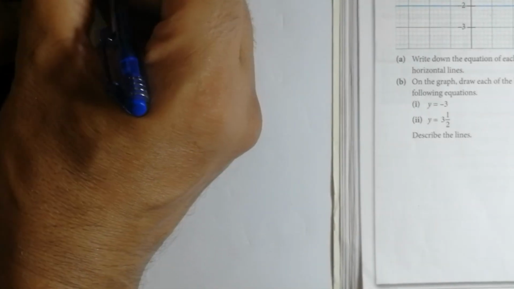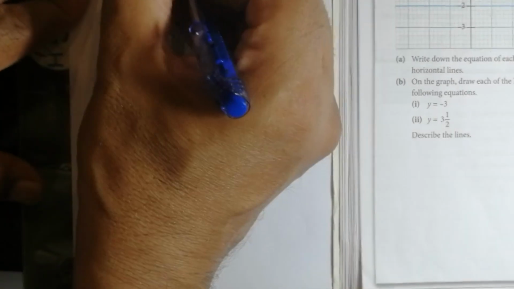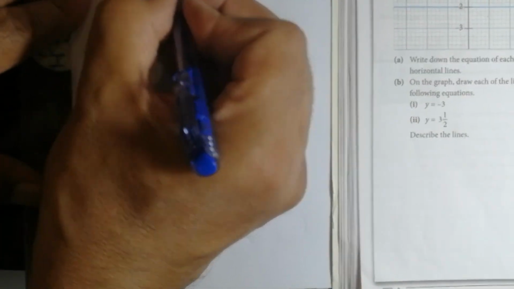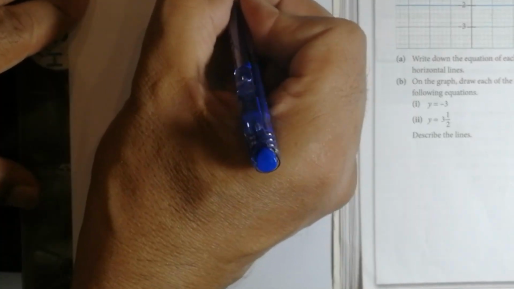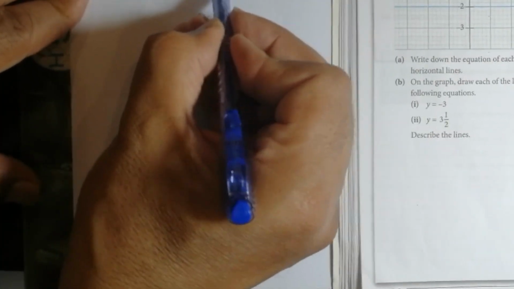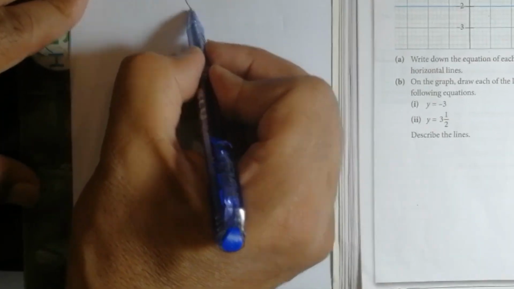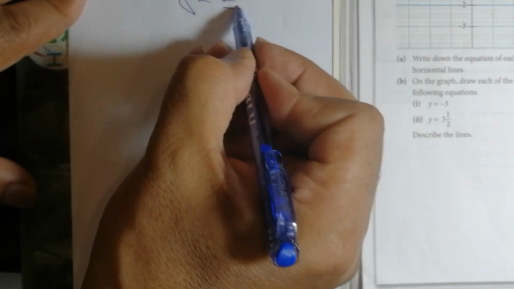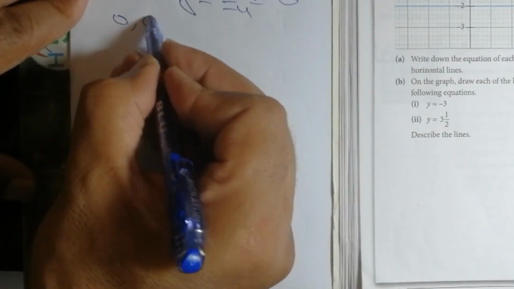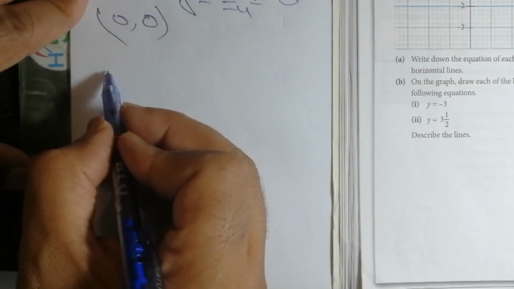Similarly we follow the same pattern for x equal to 0. This will be 5 into 0 minus 4y equal to 0, so minus 4y equal to 0, and y will be equal to 0 by minus 4 equal to 0.